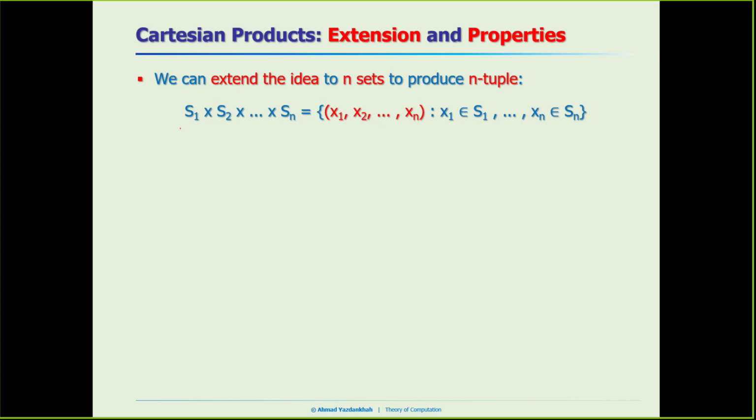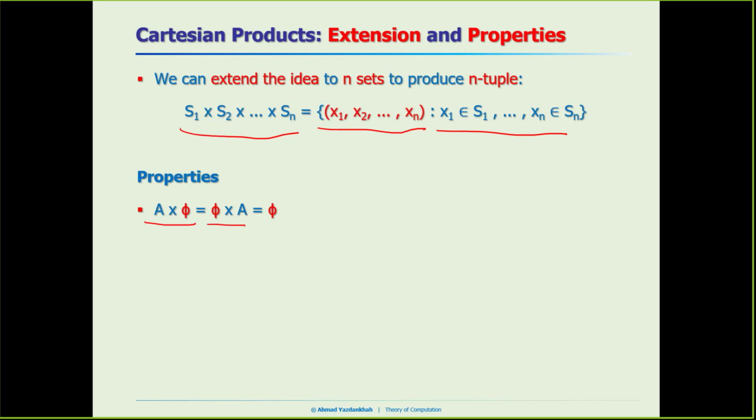Okay, so we have n sets here, and with the same definition and same concept, we can create n-tuple by applying this rule. We have some properties for Cartesian product. This is one of them. If you make a Cartesian product between A and phi, from left or right, doesn't matter, the result is phi.